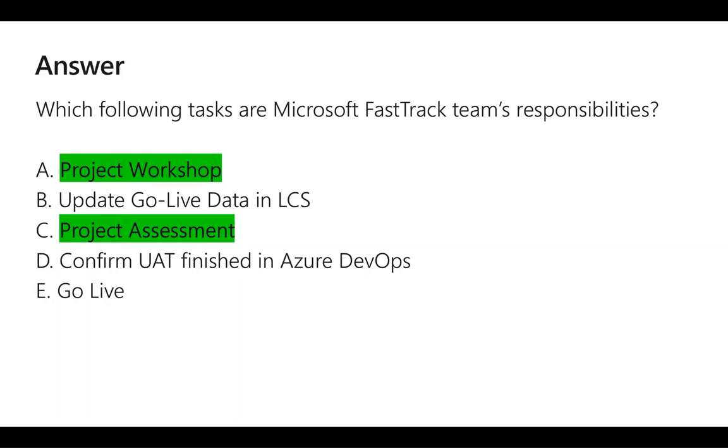It is the Microsoft FastTrack team's responsibility to run the project workshop and deliver the assessment after the checklist is received, and then continue the review until questions are clarified and mitigations are in place. This assessment process will be performed by the Microsoft FastTrack team. So the correct answer should be A, project workshop, and C, project assessment.